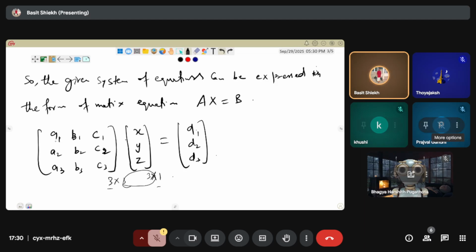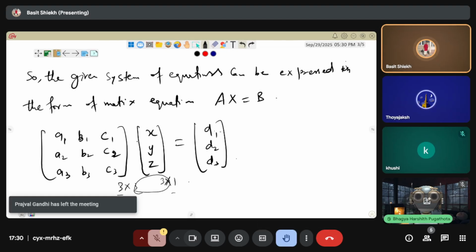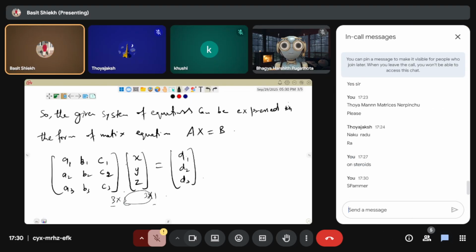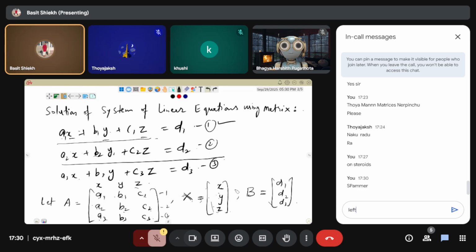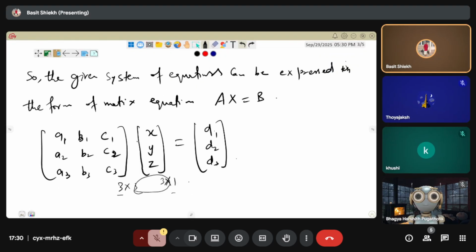So we get a1x, b1y, c1z equal to d1. This system has been converted into a matrix equation, and now we can easily solve this.